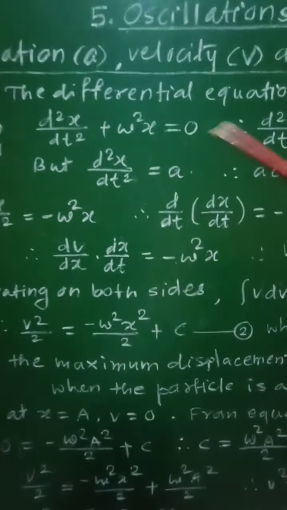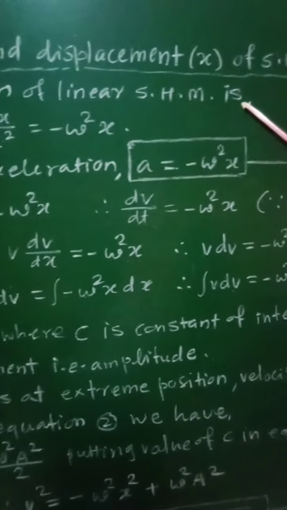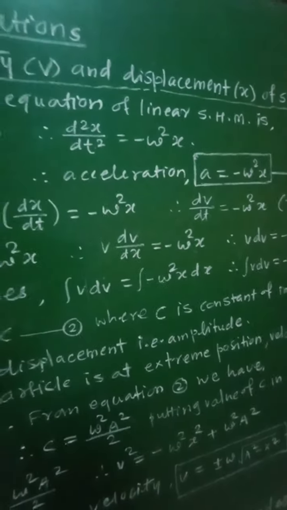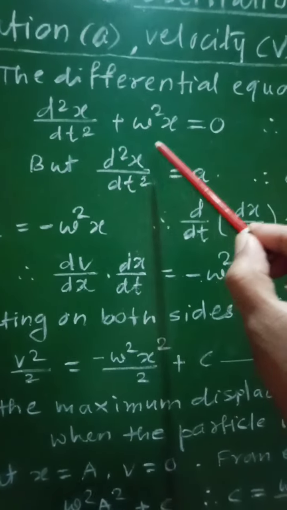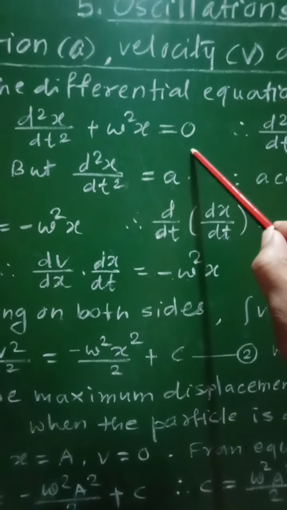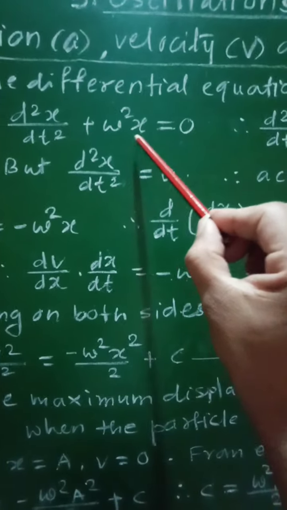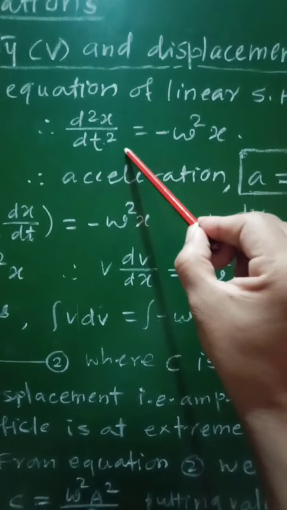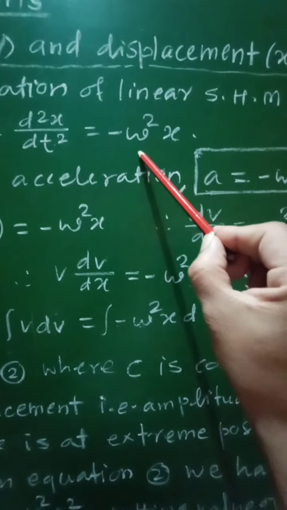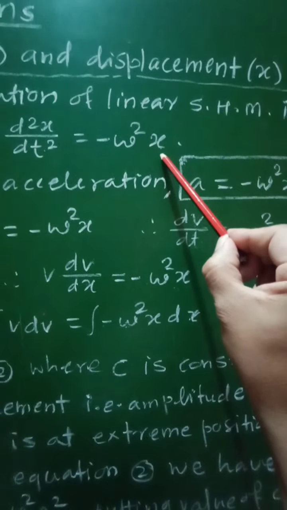Now the differential equation of linear SHM that we have already studied is given as d square x by dt square plus omega square x equal to 0. Now shift this term omega square x towards the RHS, therefore we can write d square x by dt square equal to minus omega square x.